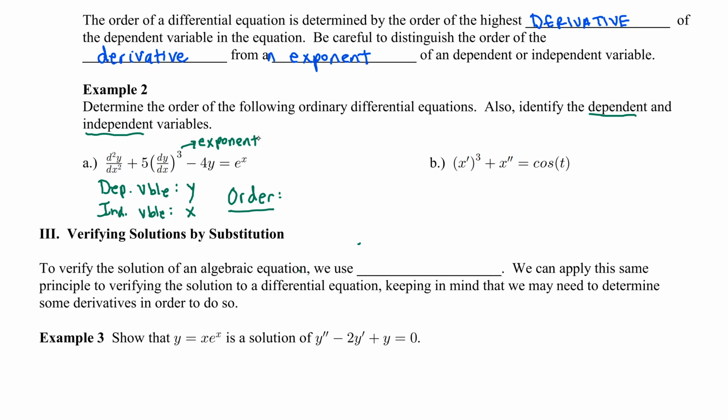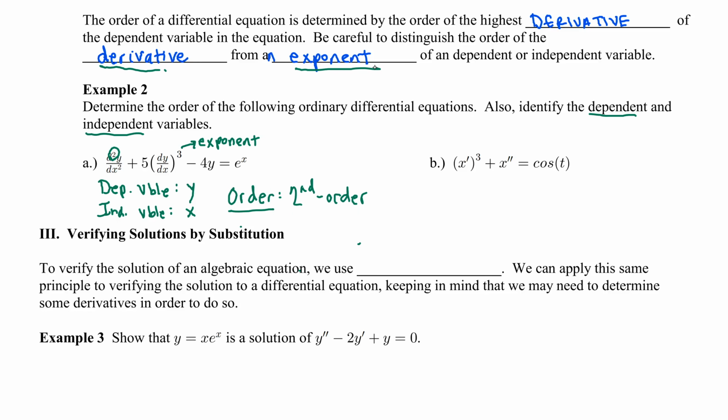When we identify the order of a differential equation, we're looking for the highest order derivative. So this is a second order differential equation. This happens to be a nonlinear differential equation because we do have the first derivative raised to an exponent, but again, be careful to distinguish the order of the derivative from an exponent either on the dependent or independent variable.